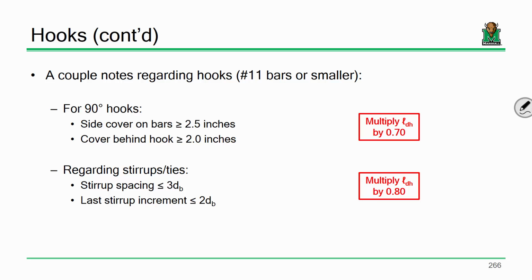Basically, if your side cover is greater than 2.5 inches, and if your cover on the back is greater than 2 inches, you can multiply that by 0.7. Also, if you've got a really tight stirrup spacing, you can reduce that development length even further. So these are cumulative. If you meet both of those, you multiply by 0.7 and by 0.8.